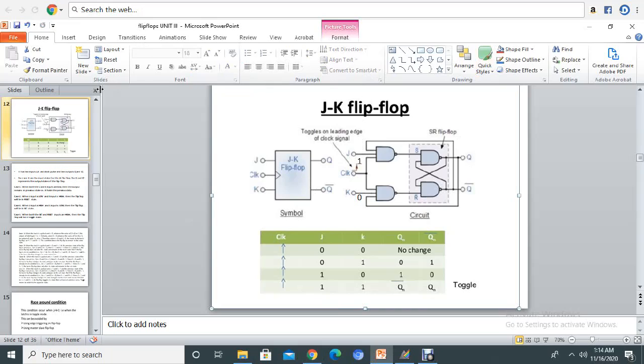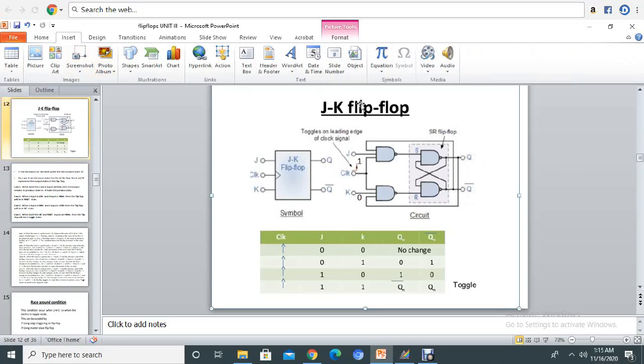Now I am applying the same input. J is equal to 1, K is equal to 0. Now I am taking Q is equal to 1. Okay, I am assuming that Q is equal to 1.